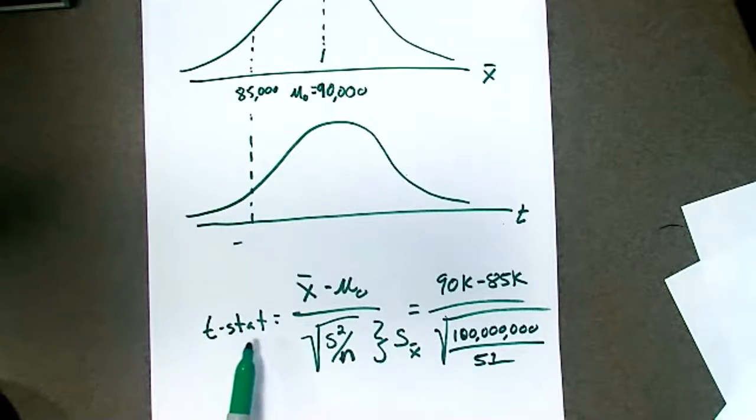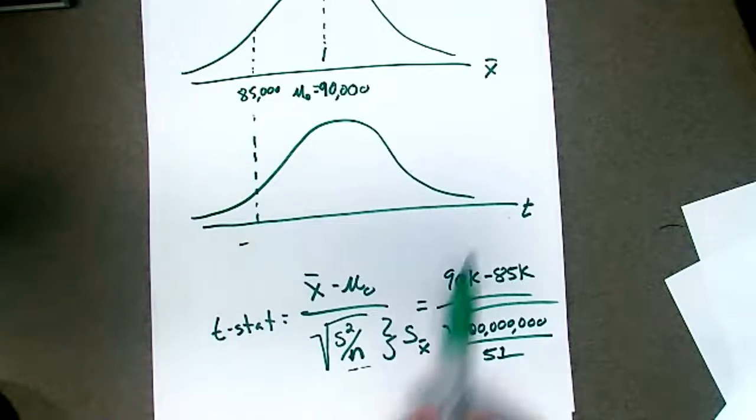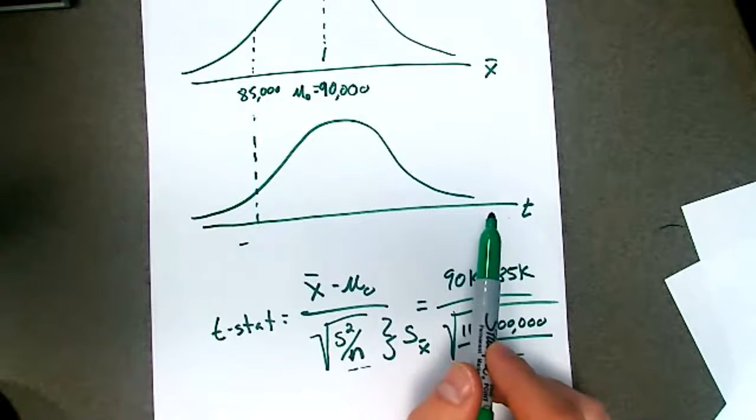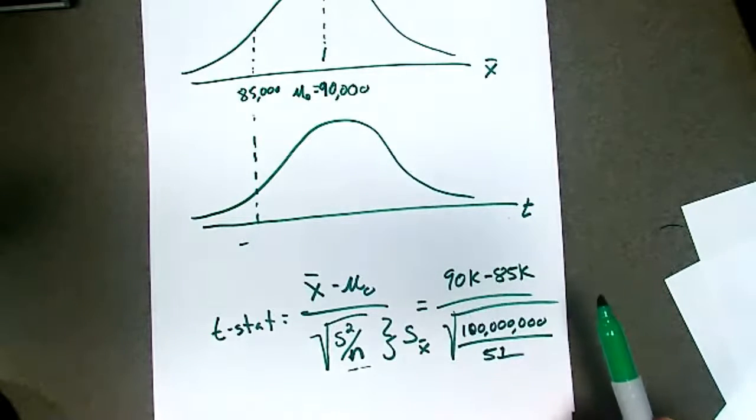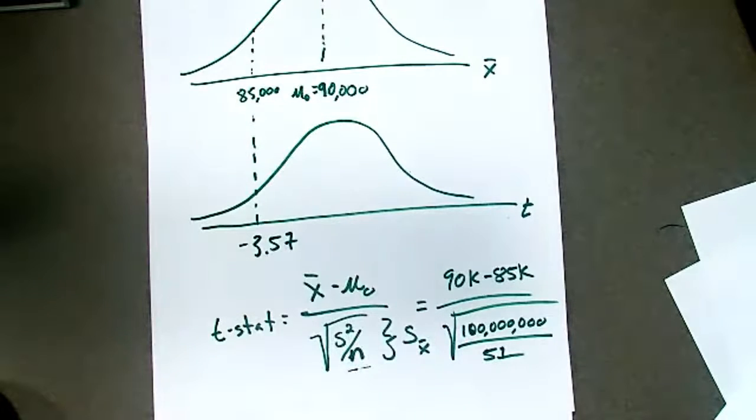So remember, when you're calculating your test statistic, you're not using degrees of freedom, you're using your sample size. The degrees of freedom only identifies which of those distributions you're using when you're looking at things like critical values or p-values. So if we enter this into our calculator, we should get negative 3.57.